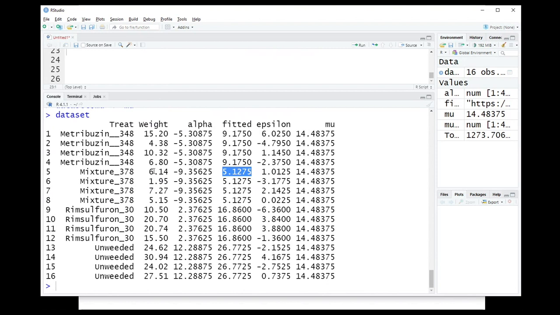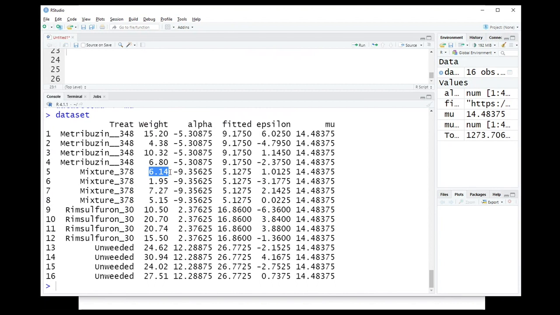If I subtract the expectation from the observation, I get the error term, epsilon. Indeed, you see that we expected 5.13, and there was a positive error term equal to roughly 1, which brought the observed weight to 6.14.